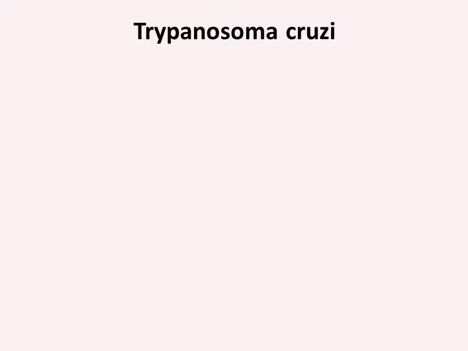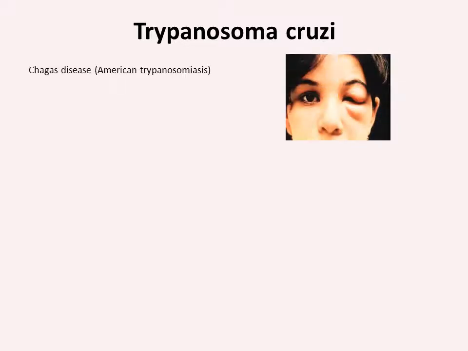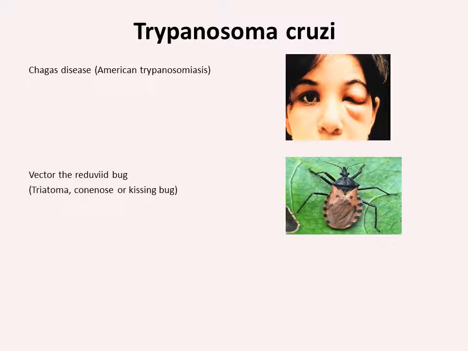In this slide, I will start to talk about the third species of Trypanosoma, Trypanosoma cruzi. Trypanosoma cruzi causes Chagas disease, American trypanosomiasis. The vector is the Reduviid bug, Triatoma infestans, or kissing bug.